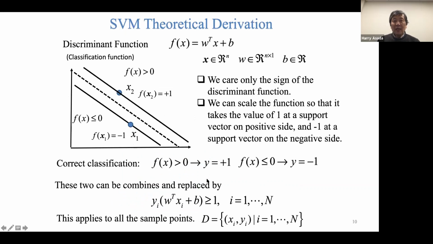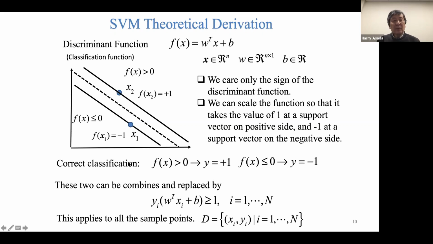In doing this, we only look at the sign, and we don't care about the magnitude. So we can pick our favorite magnitude of this function value, f, and we do this in the following way.